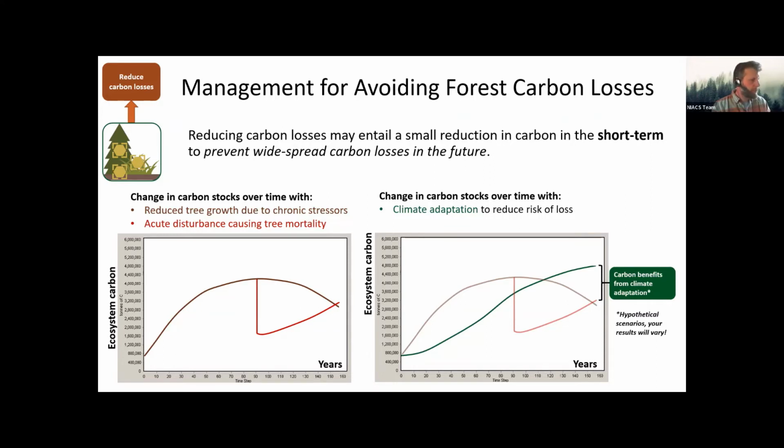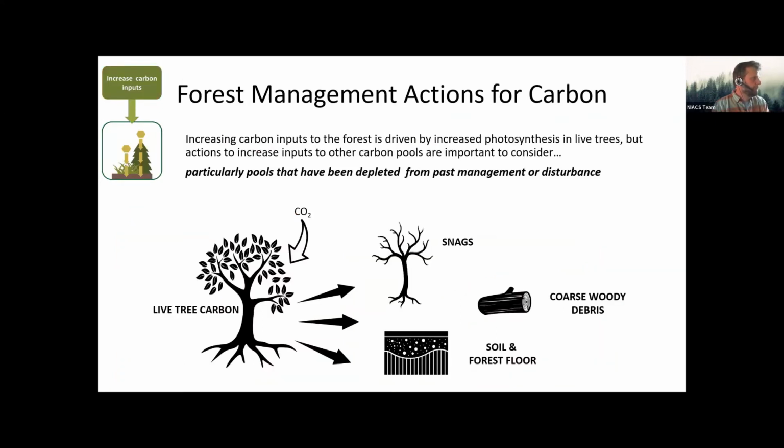So it's just important to keep that long time frame in mind. And as I mentioned before, we're thinking about carbon inputs to the system. It's not just enhancing net primary productivity.